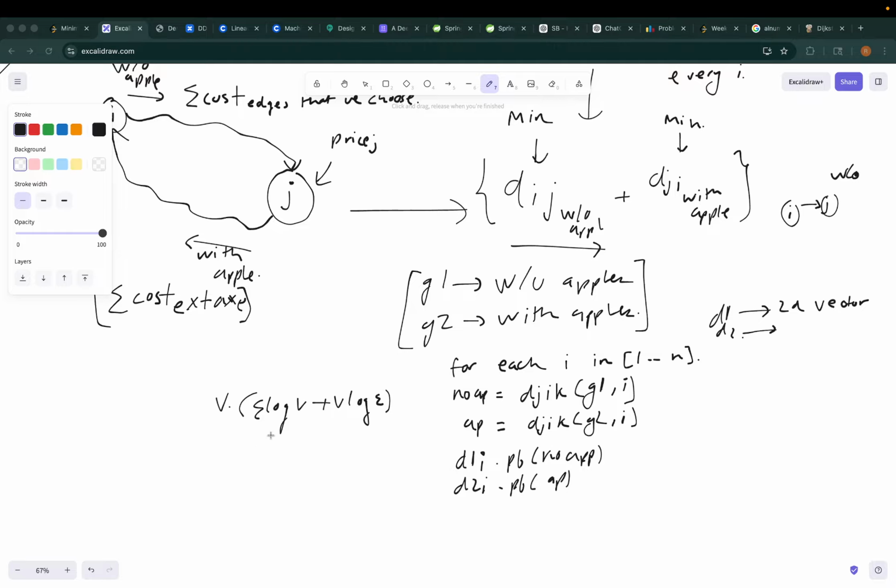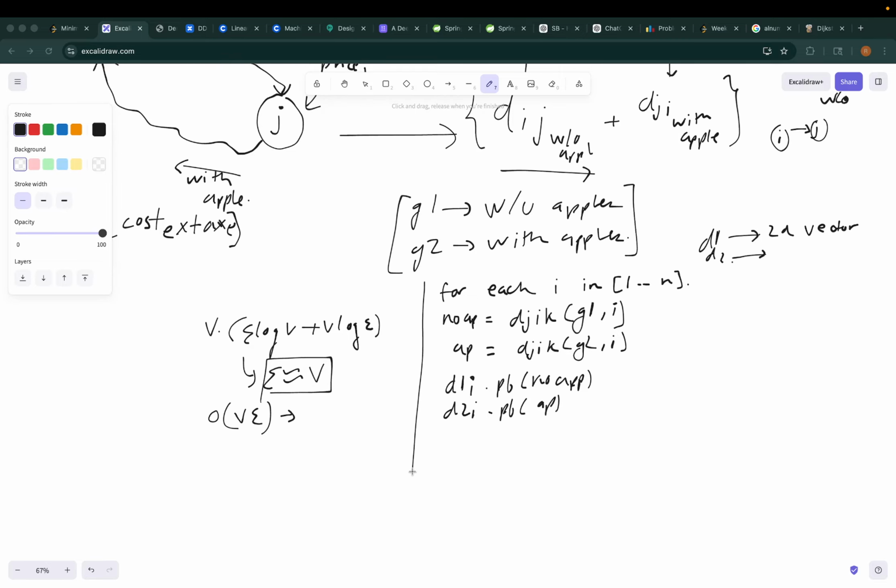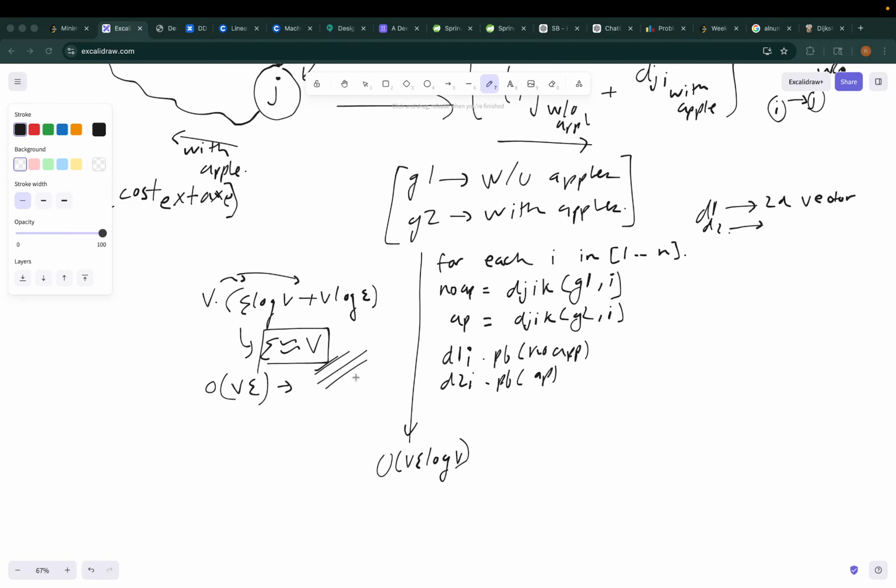Overall, since it's a sparse graph, meaning the number of edges is kind of equivalent to the number of vertices, it's kind of like an O of VE log V solution. You can add these terms and get the complexity, but it'll be quadratic time complexity given this constraint. It's a sparse graph.